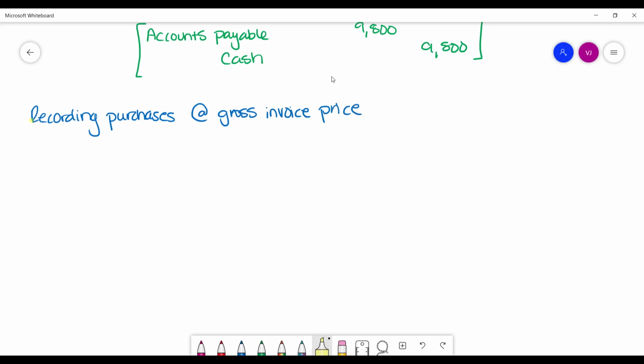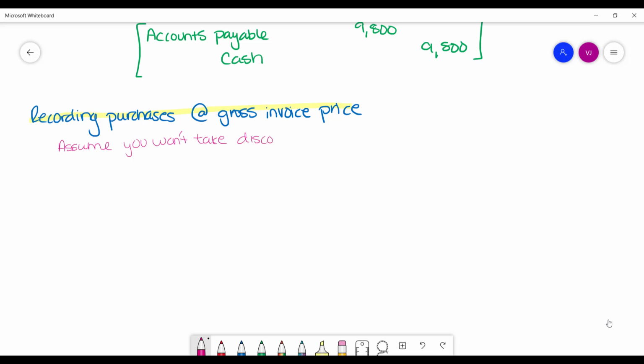So that's the alternate method. With the gross invoice price method, or just the gross method, you record the purchase of inventory assuming that the discount won't be taken. Although you might, it's just the way the recording is done, you're really assuming you won't take the discount.